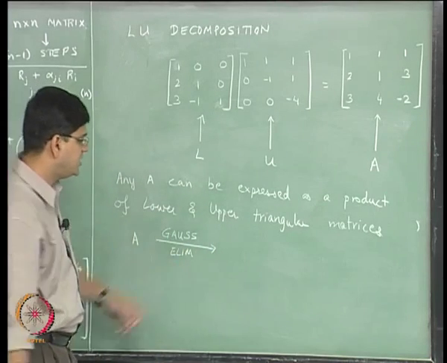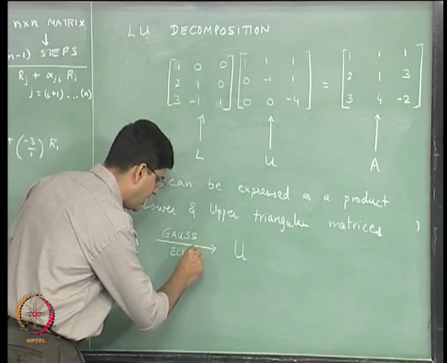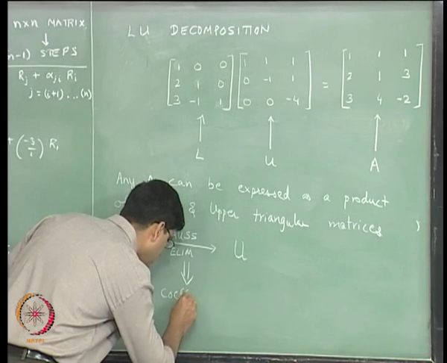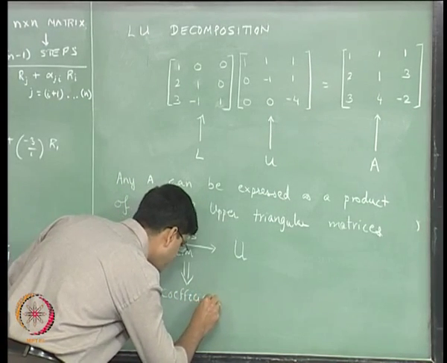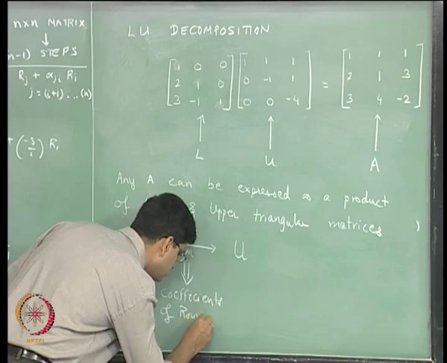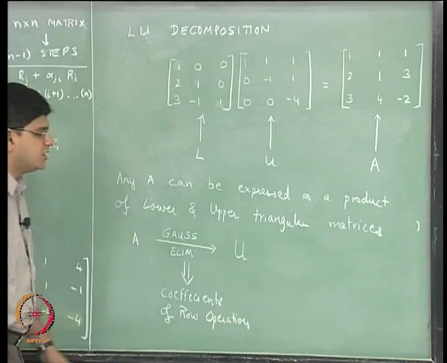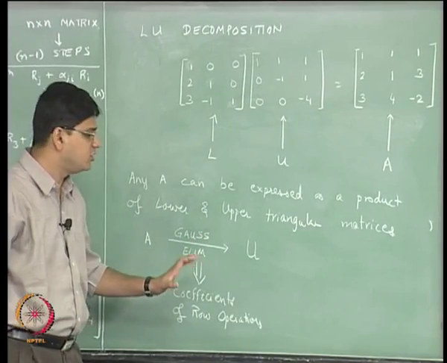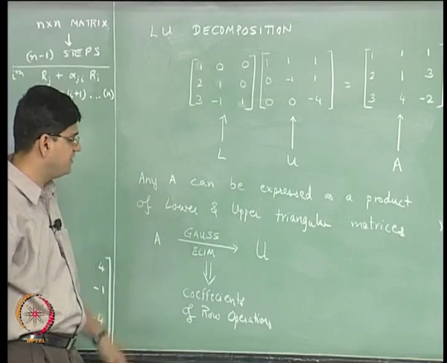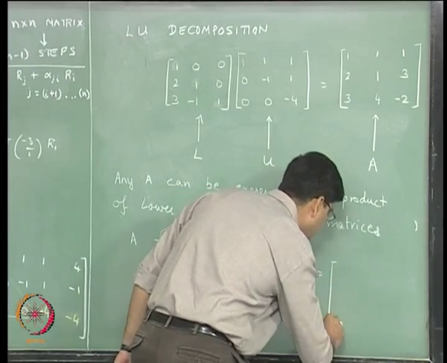The Gauss elimination will give us the matrix U, which is the upper triangular matrix, and it will also give us the coefficients of row operations. Okay. We take these coefficients of the row operations, negate them and put them in a lower triangular matrix, and we will get that lower triangular matrix L.